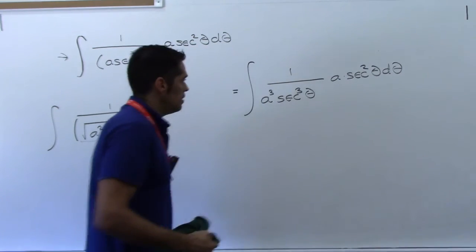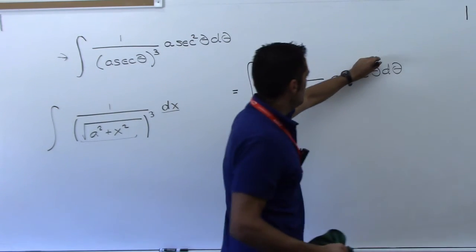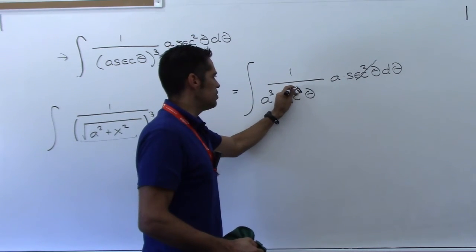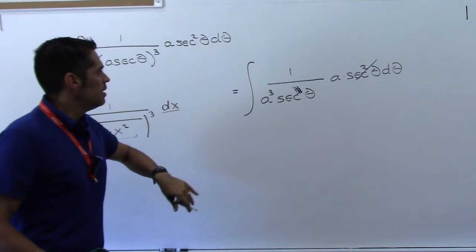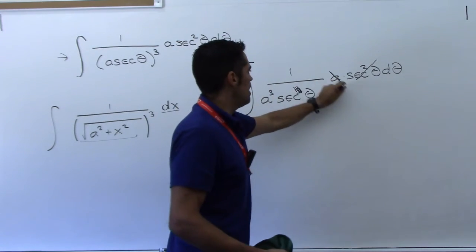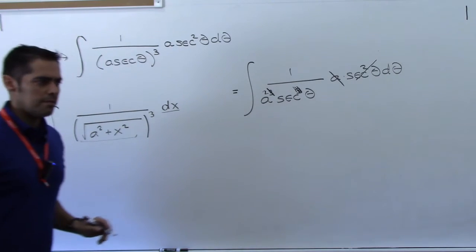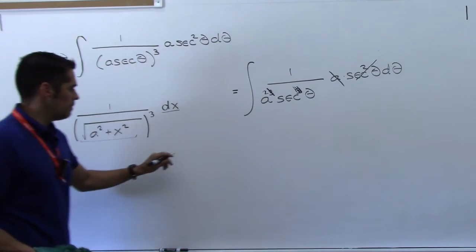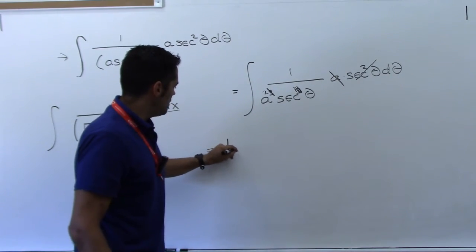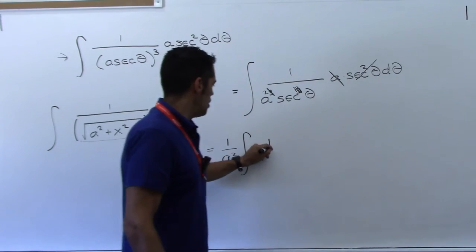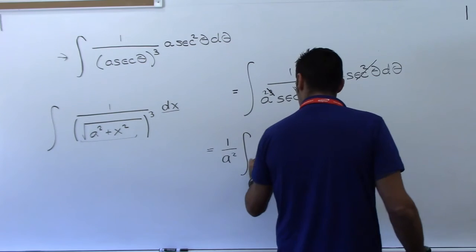So we get the secant squared to cancel out completely here with two of the factors. That leaves you with just one secant on the bottom. And then this a cancels here, and you get a squared when you're done. So we'll pull 1 over a squared out, 1 over a squared integral of 1 over secant theta d theta.